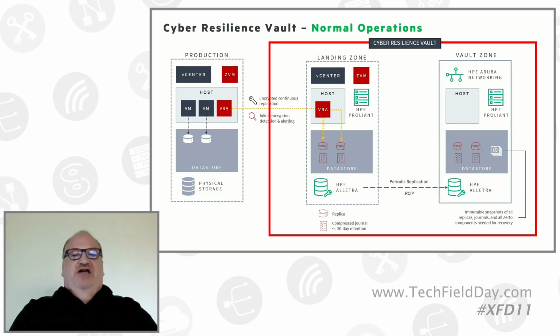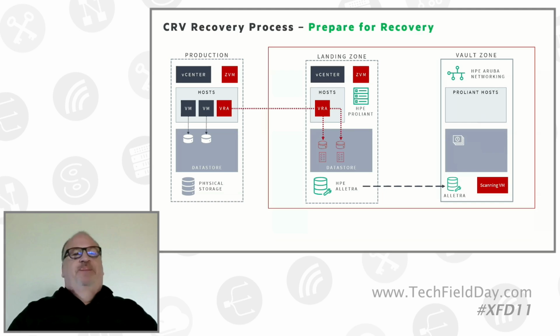The black dashed lines in the lower middle between landing zone and vault represent the storage replication that we periodically do. So this is what the Cyber Resilience Vault looks like in what I'll call normal operations, day to day. Nothing is going on causing any issues.